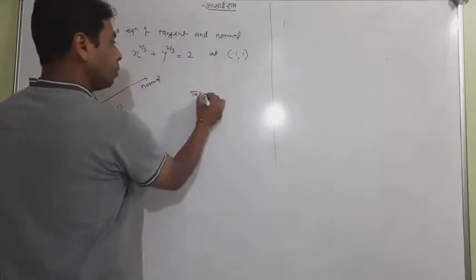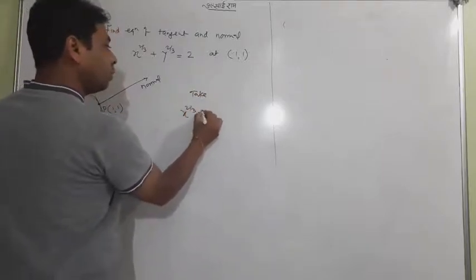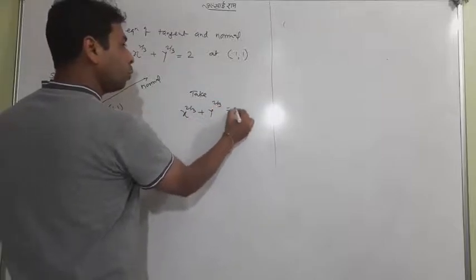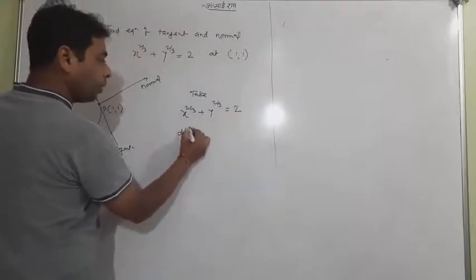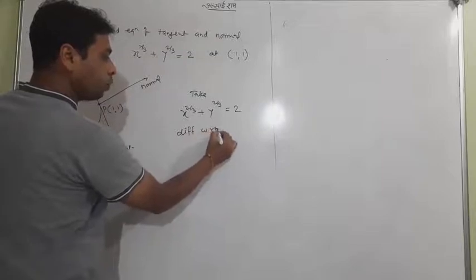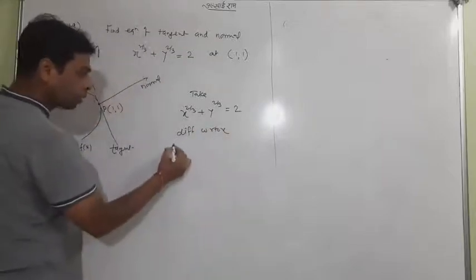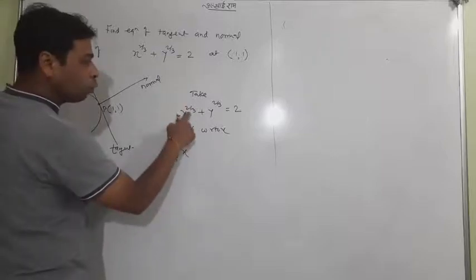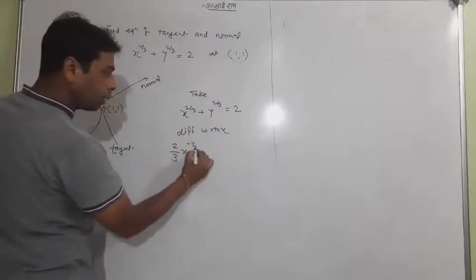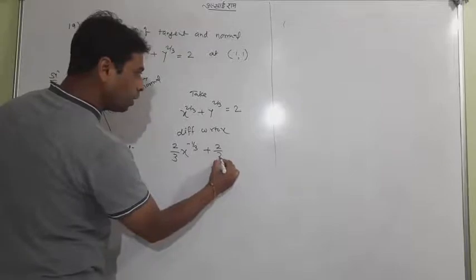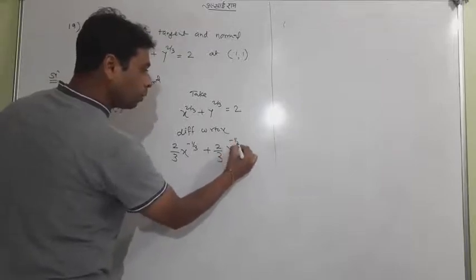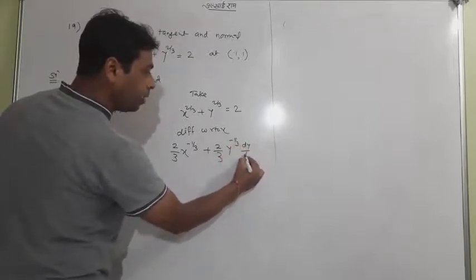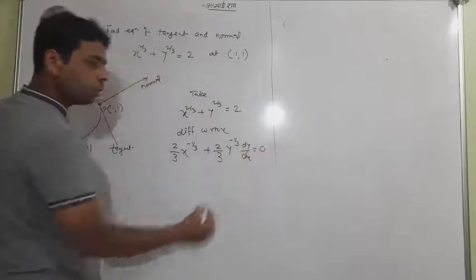Taking x to the power 2/3 plus y to the power 2/3 equal to 2, differentiate with respect to x. What will I get? 2/3 comes in front, x to the power 2/3 minus 1, that is minus 1/3, plus 2/3 comes in front, y to the power minus 1/3 times dy/dx, and the derivative of 2 is 0.